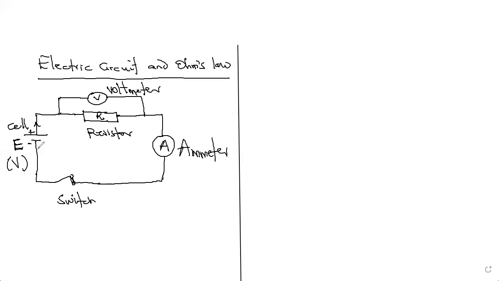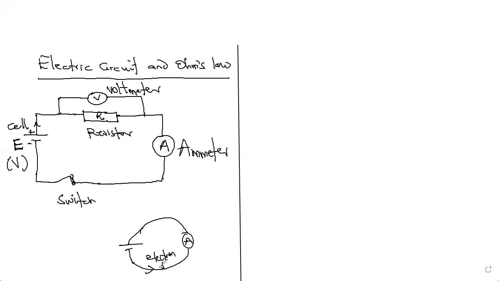Although electrons flow from the negative terminal. Let's say you have a loop and you have a conductor, an ammeter, and a voltage source. This is the direction in which electrons will flow.